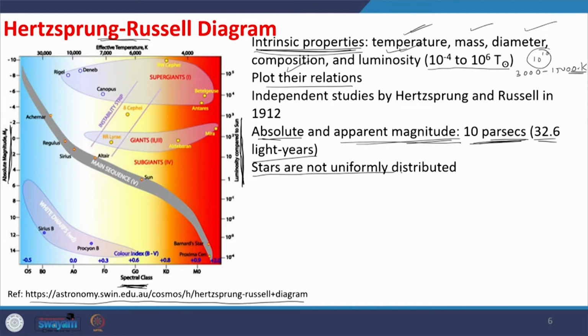Stars are not uniformly distributed throughout the region of temperature and luminosity. Personally, it reminds me of the distribution of mass of an atom before the discovery of the nucleus by Rutherford. People used to think the mass is distributed throughout the atom, right? The Thomson plum-pudding model.